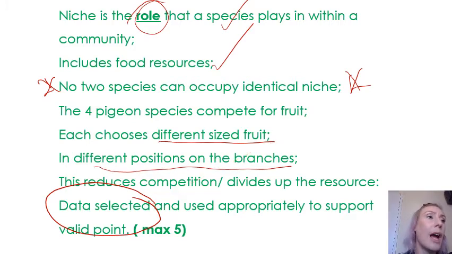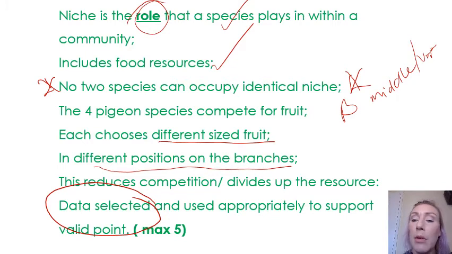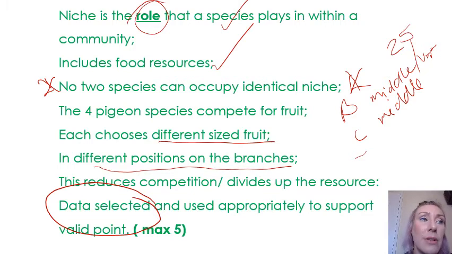So for example, I might go for pigeon B that eats fruit found on the middle upper side branch. You might think it was in competition with pigeon C, which also feeds from the middle of the branch, but then I'd say, however, the average diameter of the fruit consumed by B was 25 millimeters compared to a much smaller average diameter for C, which is 8 millimeters.